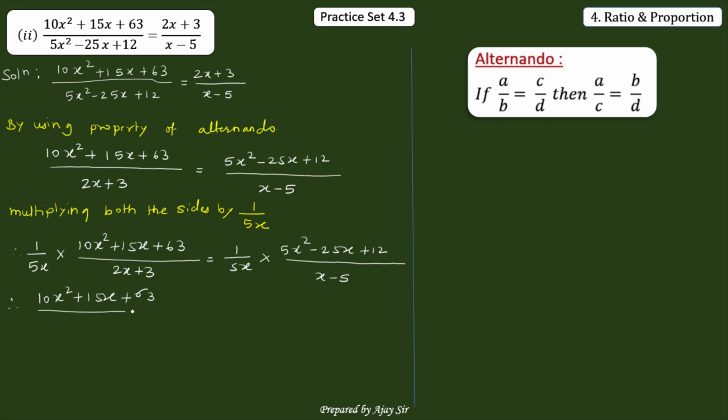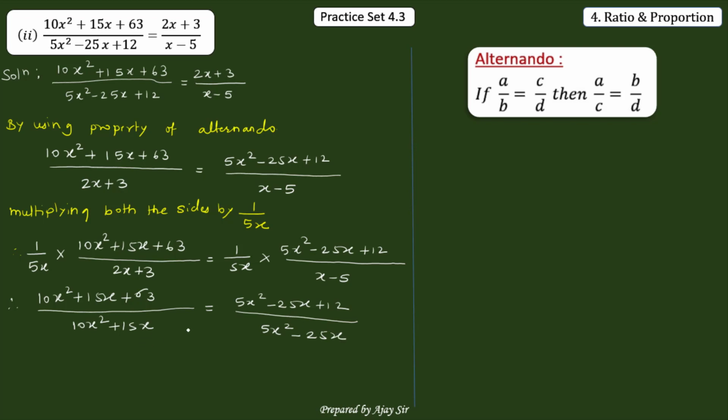Divided by 5x into the first term, that is 10x², plus 5 into 3, that is 15x. Then the first term is 5x² − 25x + 12 divided by 5x into both the terms, that is 5x² − 25x.